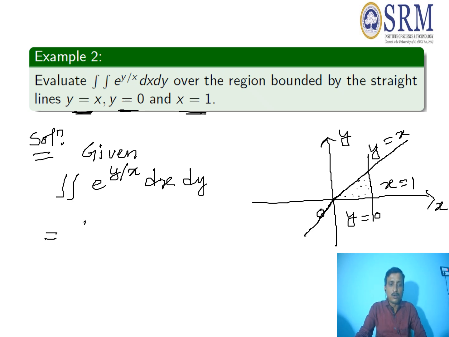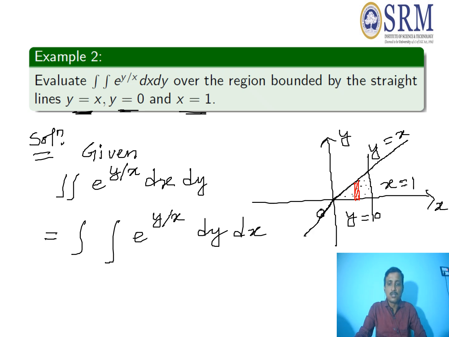The limits I am going to write from the graph. It is e to the power y by x and dy dx. Now what will be the limit for y? As I told you, we are going to draw a strip parallel to the y axis, because by using this strip you can write the limits for y easily. So what will be the limits?